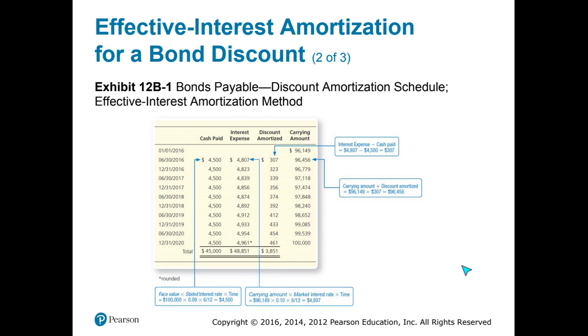So 96,149 times 10% times 6/12 gives us $4,807. But discount amortized, we took interest expense minus cash paid, which equals 4,807 minus the 4,500 cash paid, gives us the $307.